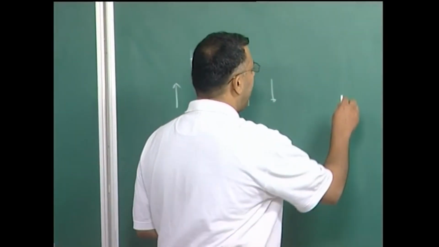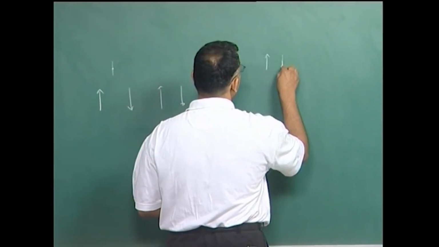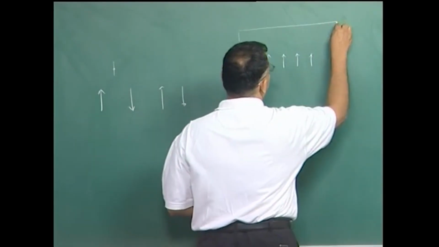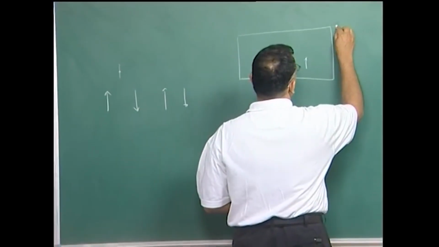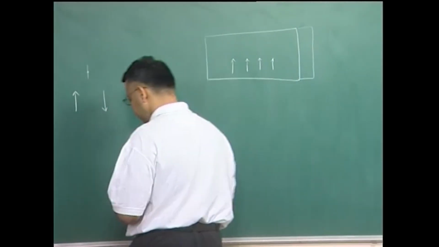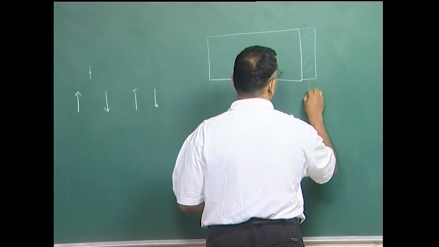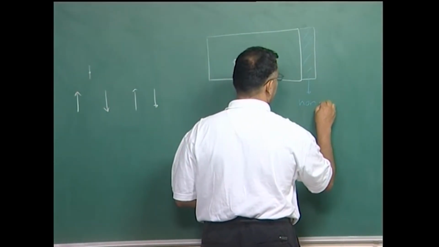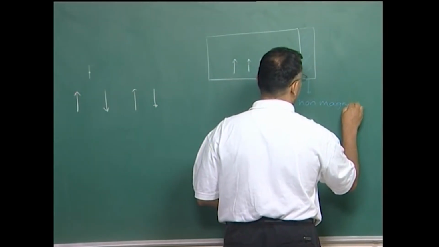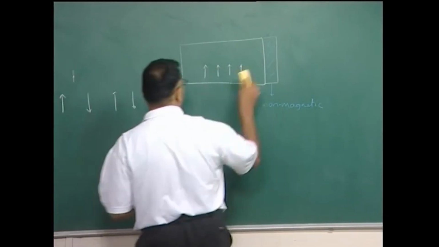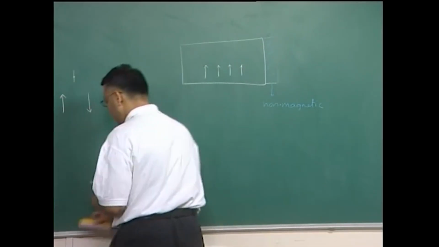So, now you have a ferromagnetic material in which all the spins are pointing upwards, say for instance, and now you have a material which is non-magnetic. For now, I will assume that this is again a long piece of material which is non-magnetic.